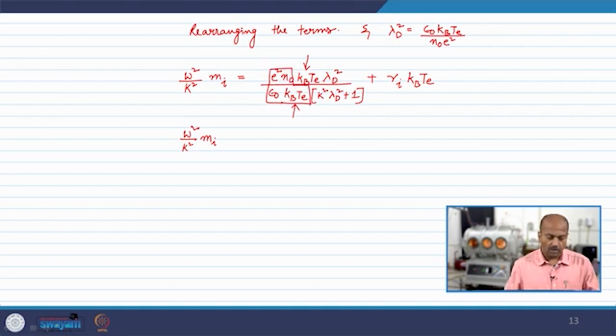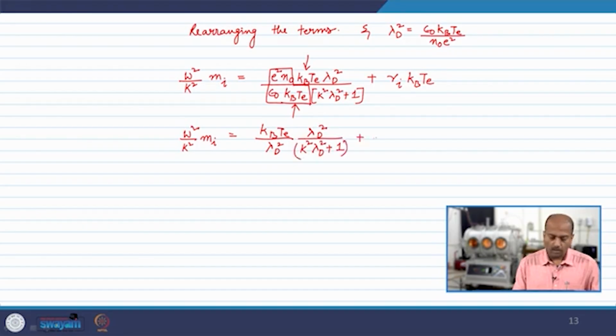This is nothing but lambda_D square, right? So this is kBTe by lambda_D square times lambda_D square by k square lambda_D square plus 1 plus gamma_I kB Ti.